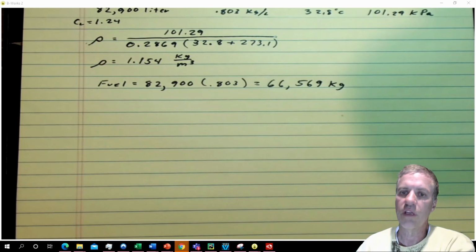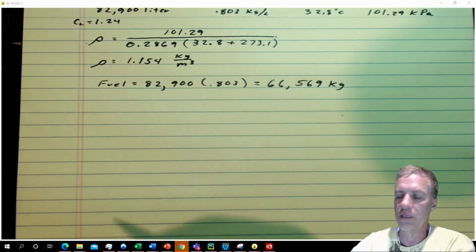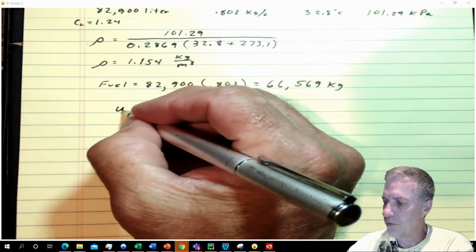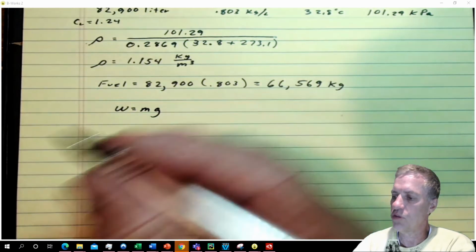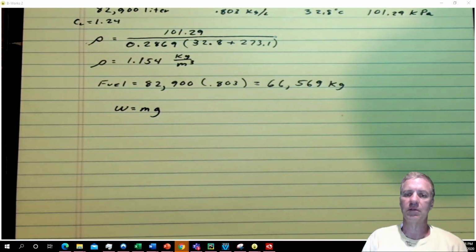All right, now we want to convert mass to weight. Remember, our weight equals mass times gravity. So take a minute, convert the mass to weight.